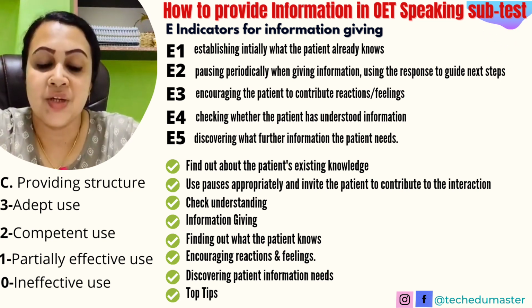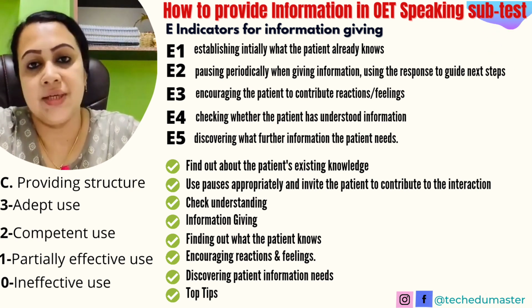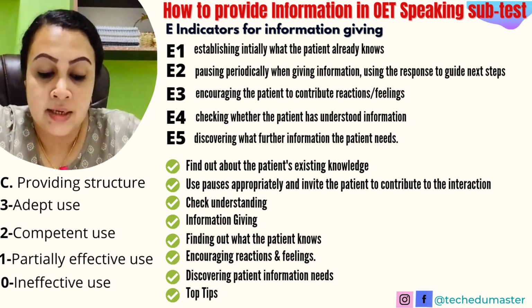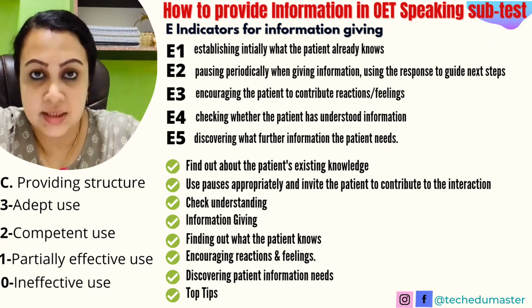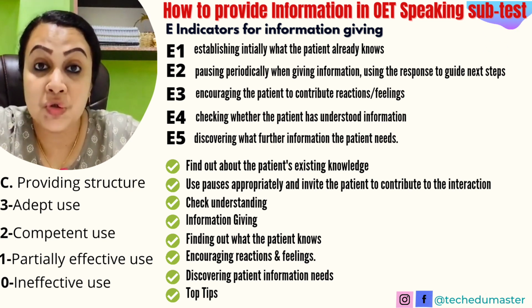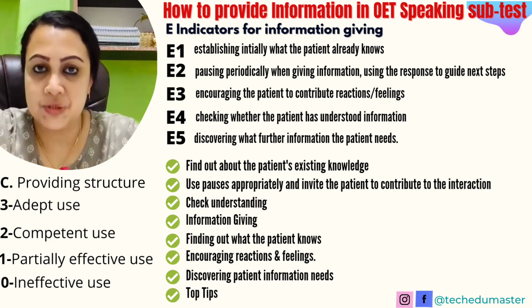For example, if you are explaining the use of an inhaler, how can you say that? Well, I'm going to explain and show you how to use an inhaler. But first, I would like to talk about what causes asthma. Is that all right? So that is a pause.